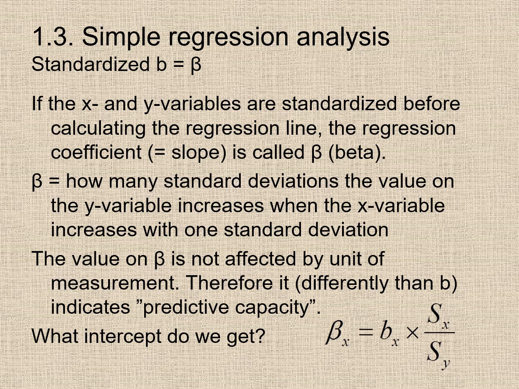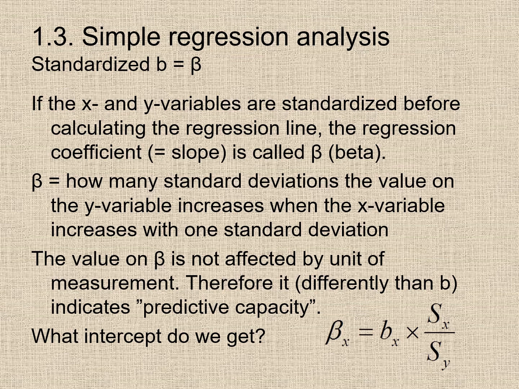And the nice thing with this is that this is not affected by unit of measurement. If I predict weight from height in centimeters or from height in meters, doesn't matter. The standardized regression coefficient will be the same. Therefore, the beta coefficient can be used to compare associations.